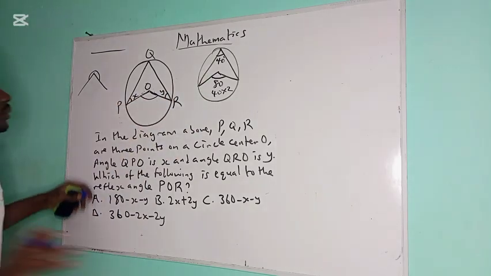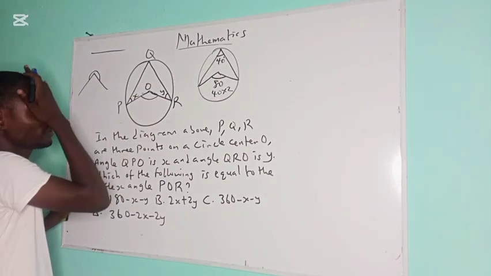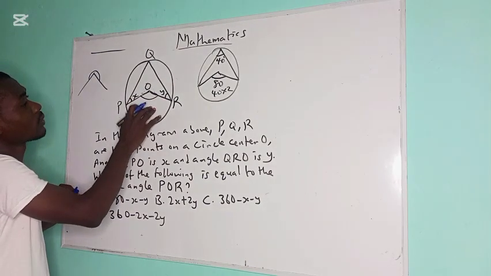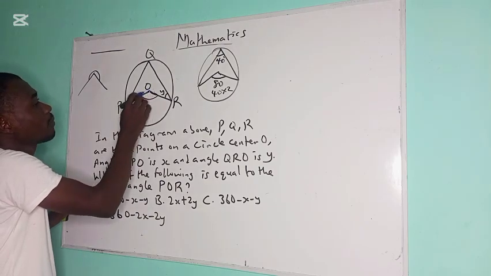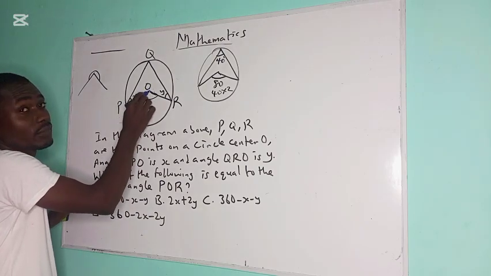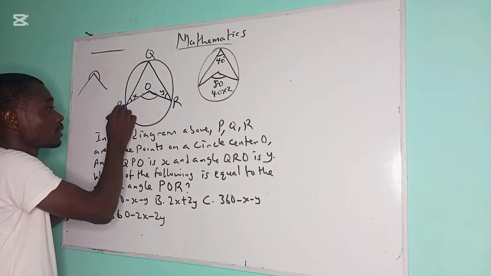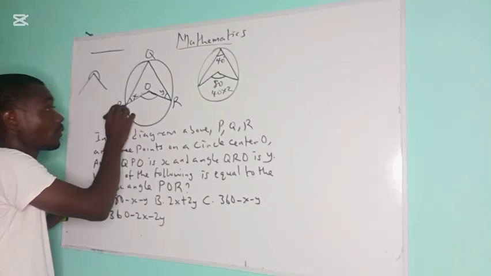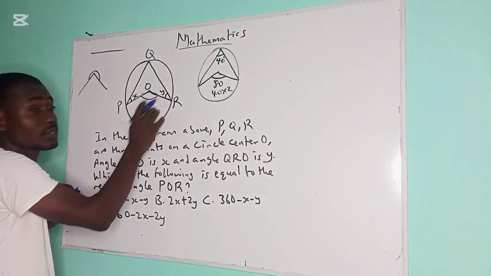Now, I haven't generated that yet. You will know that this is a point, and any line from the point to the circumference of the circle is a radius. This is a radius, this is a radius.